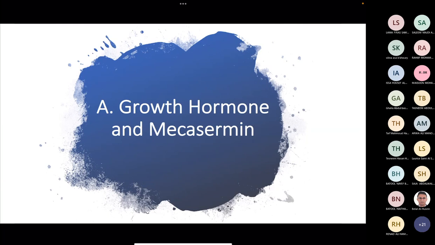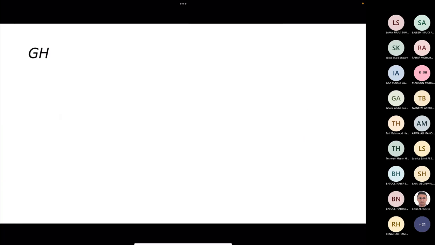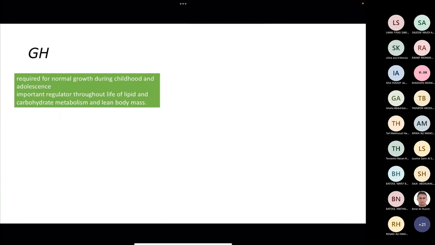Now we will talk about growth hormone and its derivatives. Growth hormone, as the name implies, is required for the normal growth of children. But its function doesn't stop after childhood. For adults, normal levels of growth hormone are required to maintain protein and lipid metabolism.